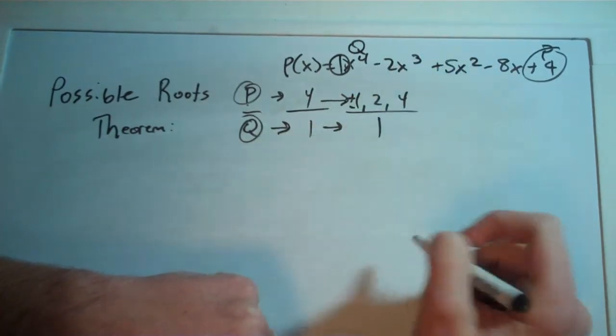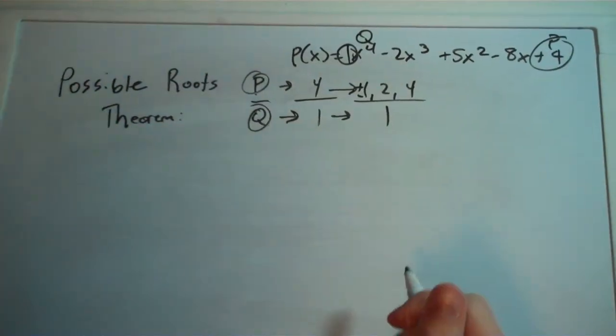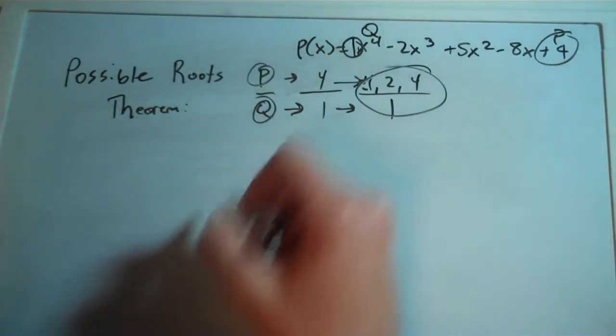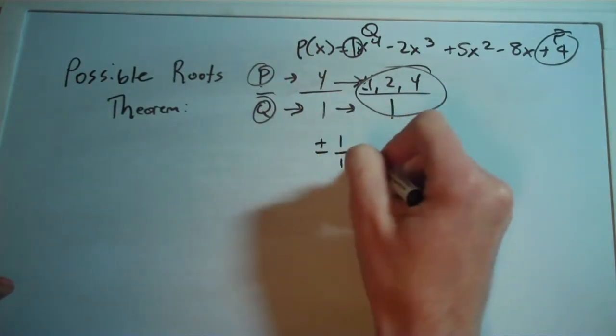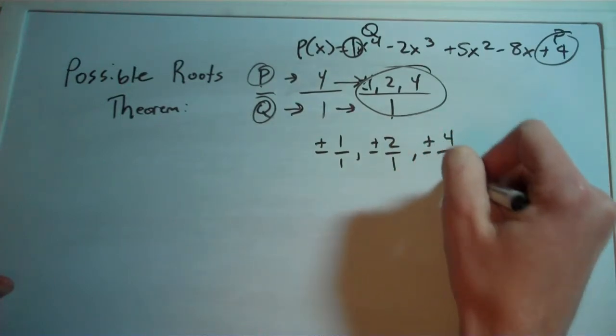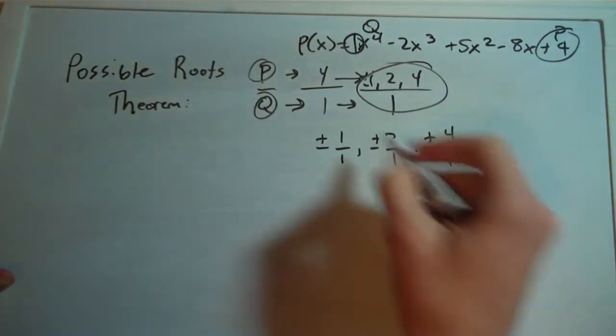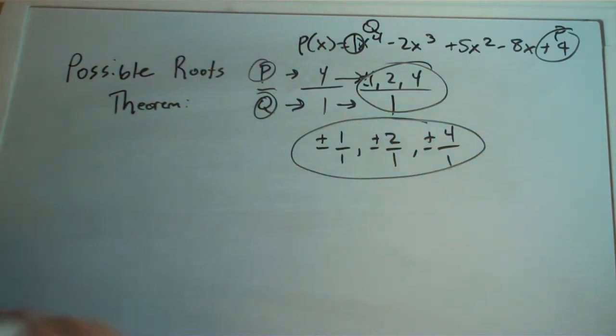And we're going to put plus and minus because there's going to be 6 possible roots. And this actually imposes a fraction. So we're going to have plus or minus 1 over 1, plus or minus 2 over 1, and plus or minus 4 over 1. And those are our 6 possible roots for this polynomial.